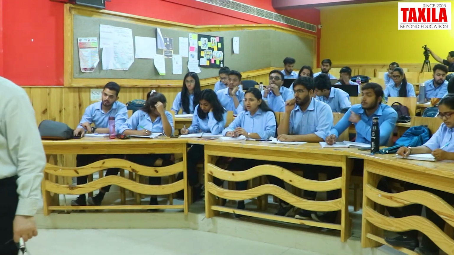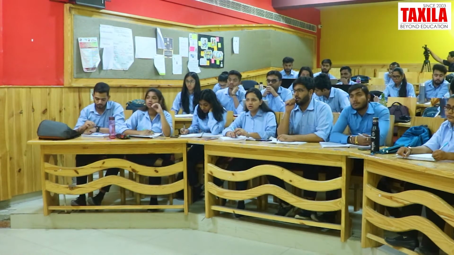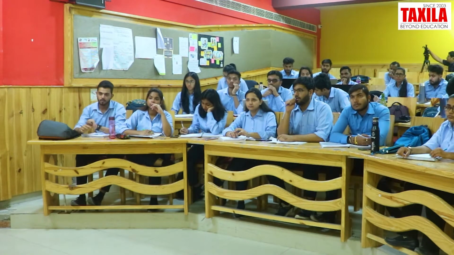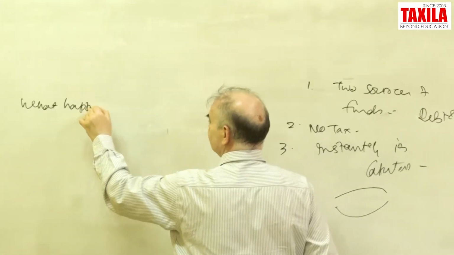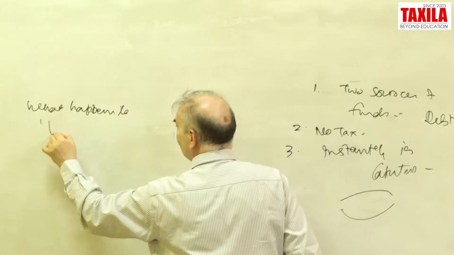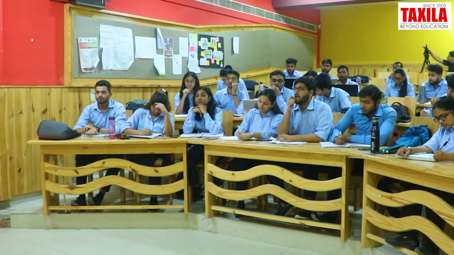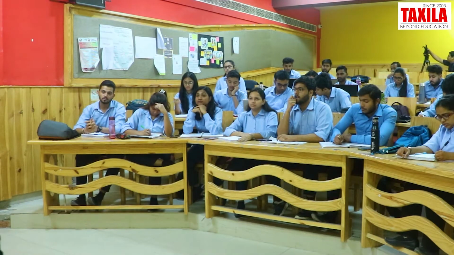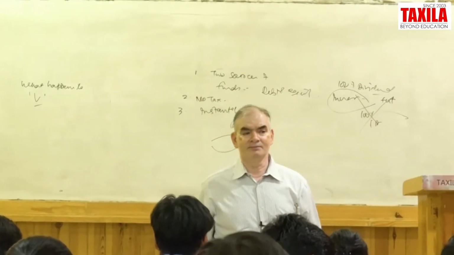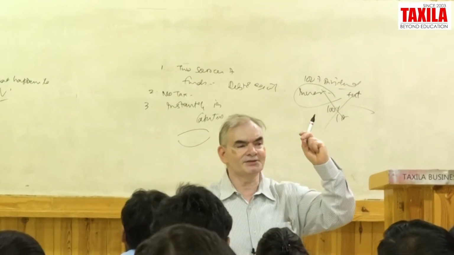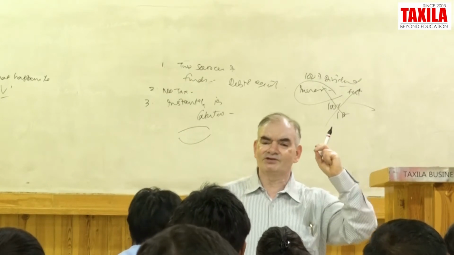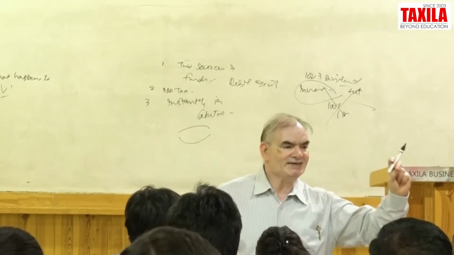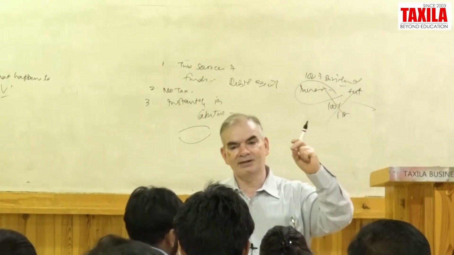Now, what is the basic point in theory of capital structure that we have to address? The point that we have to talk about is what happens to the value of the firm, that's called V, if we change the quantum of debt in our capital structure.